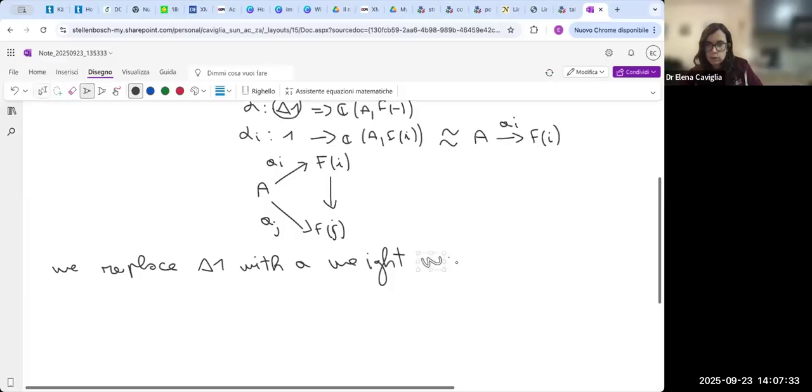Imagine now we are in a two-category L. Our weight W is a functor from L into Cat.